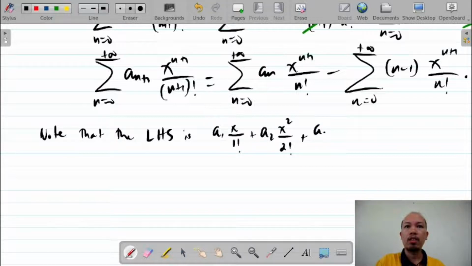Let's try one more, x cubed over 3 factorial, plus dot dot dot.